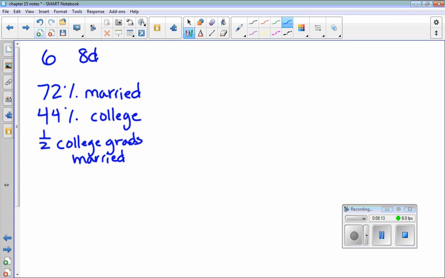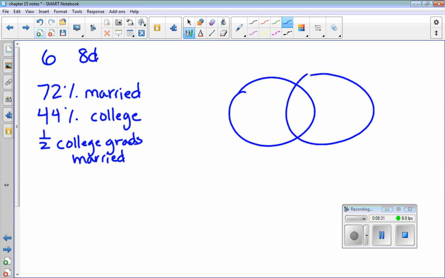And then it says, what's the probability that a random worker is? So I think we should probably draw a Venn diagram. Wouldn't you say? If we know that they can be both college and married, then the Venn diagram should look something like this. All right, so let's just fill it in. I have college here, and I have married here.